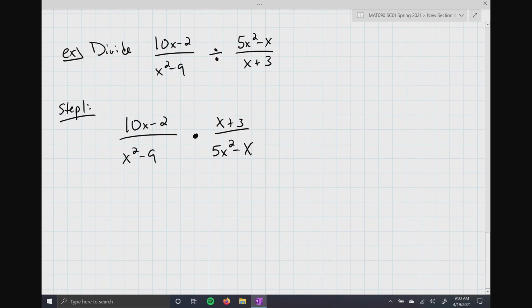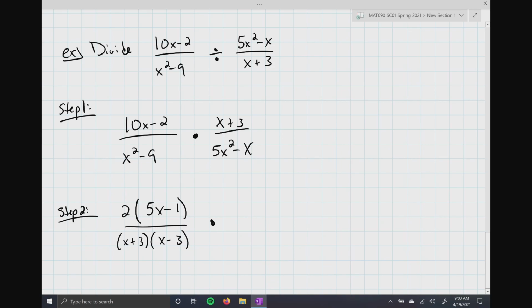Step 2. We completely factor everything. So in the first fraction in the numerator, I can factor out a 2. That's going to give me 2 times 5x minus 1. In the denominator, difference of squares: x plus 3 times x minus 3.